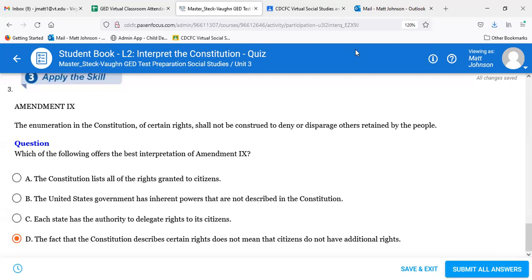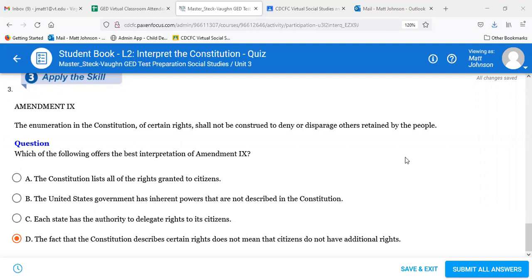And when it says shall not be construed to deny or disparage others retained by the people, it's basically saying that even if we didn't list those rights, that doesn't mean that you don't have other rights. We can't enumerate every right that you may possibly have. So we're not going to deny you those rights, even if they are not listed in the Constitution. So D as in dog, or number 3.